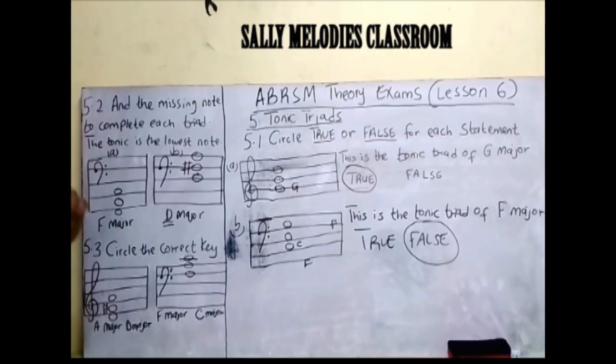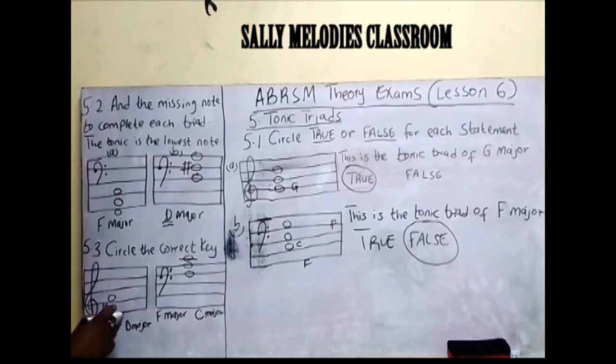And then we have question 5.3. It is telling you, circle the correct key. The same way, you look at the lower note so that you can get your key. This one, you have been given 2 choices here, either A major or D major.